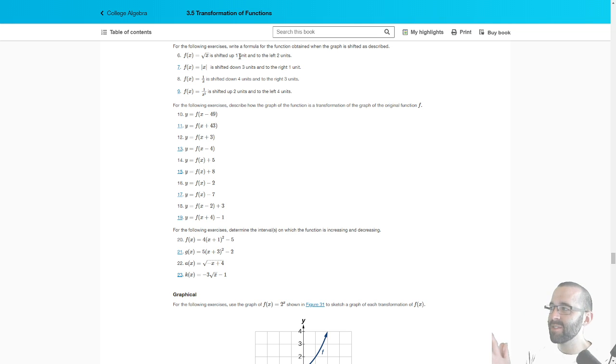Vertical stuff is on the outside of the function. So it would be in front or behind the square root, but not inside the square root. So we're going to add a +1 on the outside. Horizontal stuff is on the inside of the function, so on the inside of the square root, on the inside of the absolute value, in the denominator of the reciprocal function. And to the left 2, remember we're not going to be subtracting 2 on the inside because horizontal stuff is kind of backwards. It's going to be adding a 2.